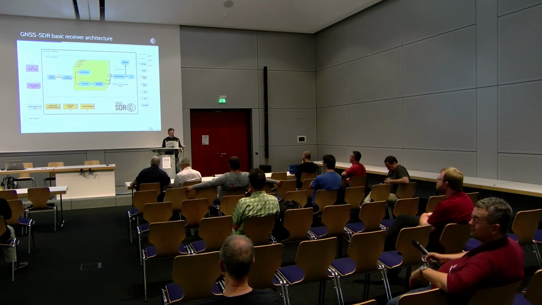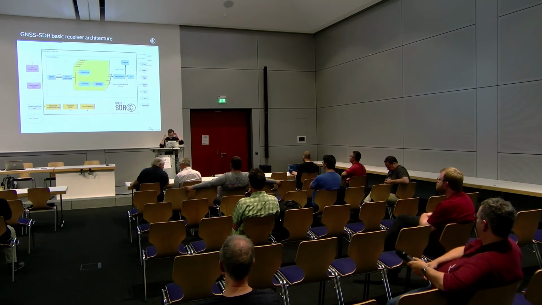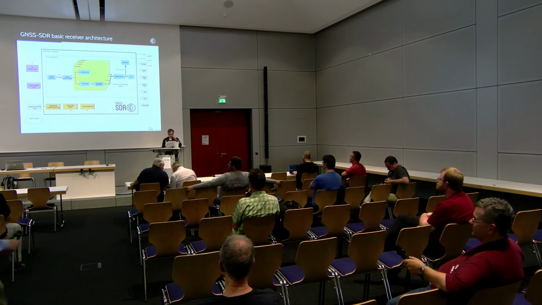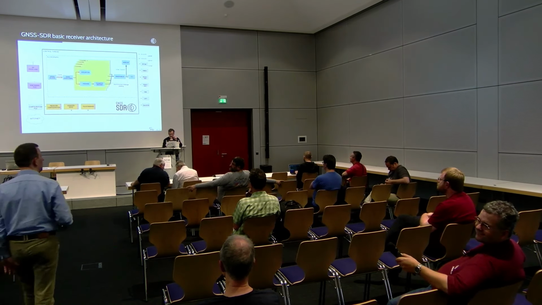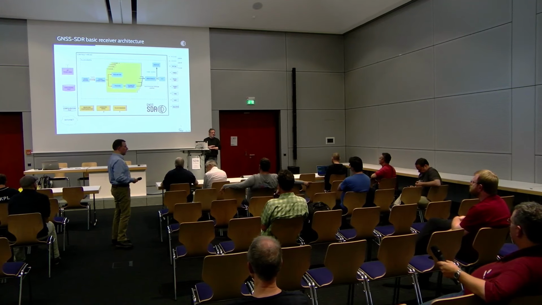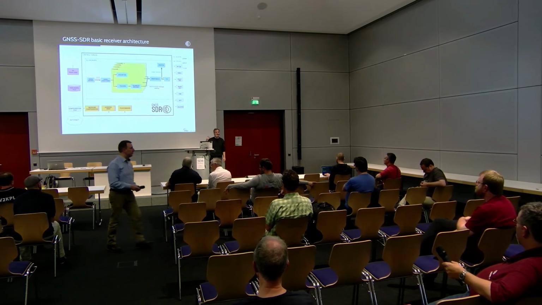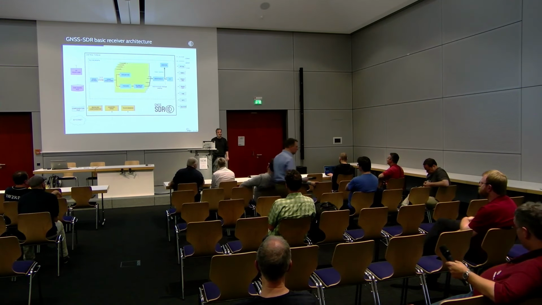If you want to work with a receiver with just one system and one band, any regular computer will work. Even a Raspberry Pi can do the work for you. But if you want different bands with different systems, you need more computational power. For basic positioning, we do that on a Raspberry Pi.